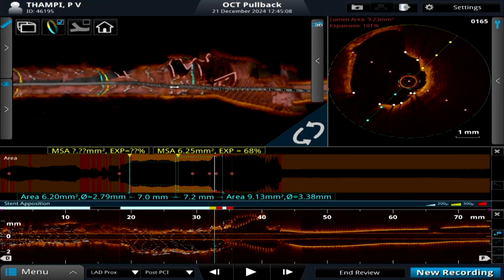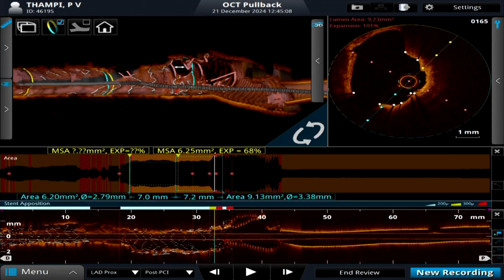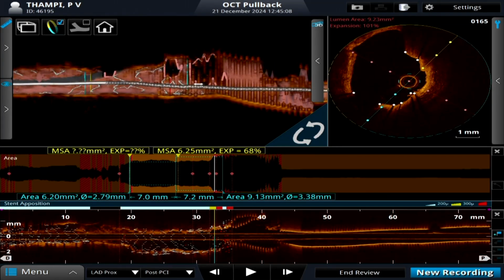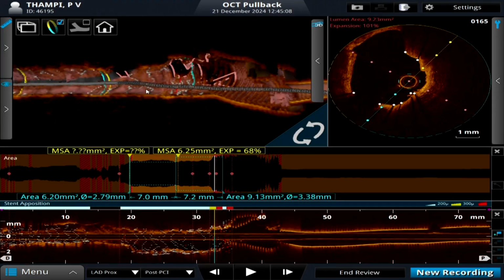Okay, so that's the circumflex and ramus ostium. The stent is certainly coming a couple of millimeters. That's what we precisely wanted to have. But anyway, there is no compromise of the circumflex as well as ramus ostium. Reasonably good position, that looks. Anyway, we have post-dilated with a 3.5 in the most proximal. We don't have to do anything more over there.